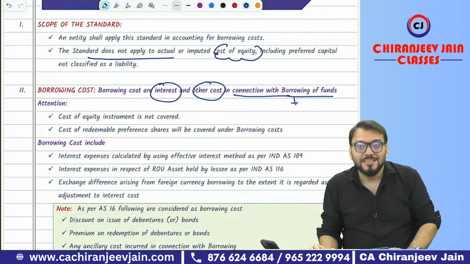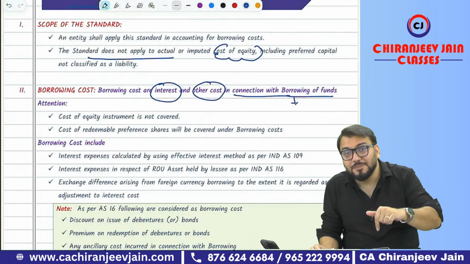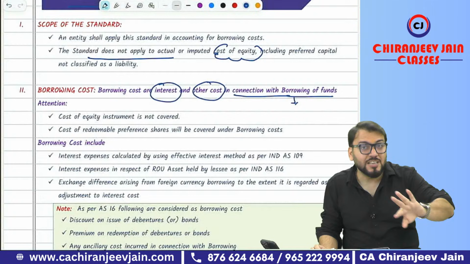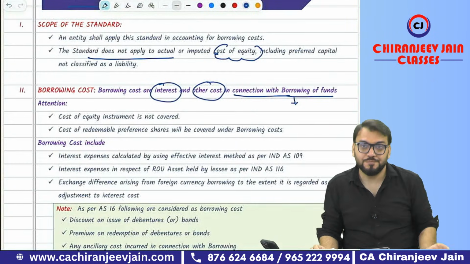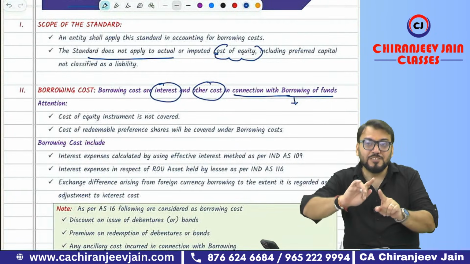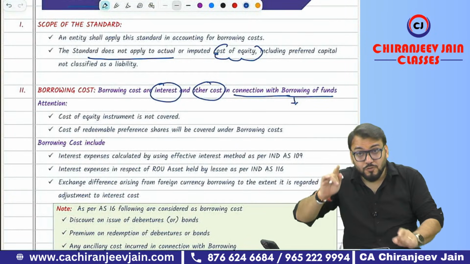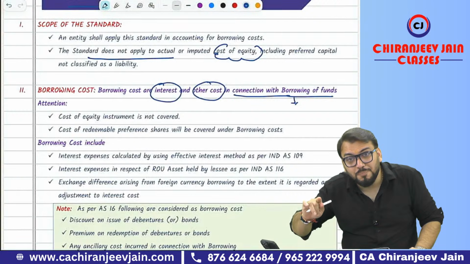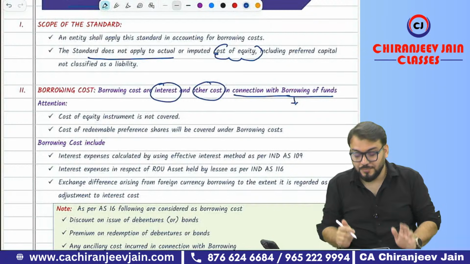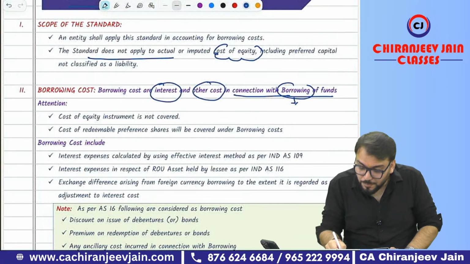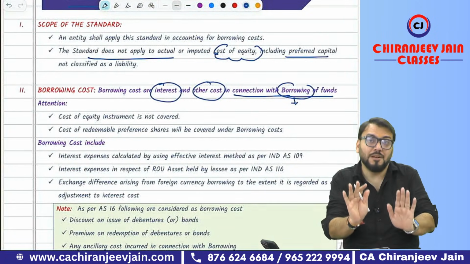However, if preference share capital has been classified as a financial liability, then the cost of preference share capital will be a borrowing cost. Any preference dividend for preference share capital classified as liability will be covered under this chapter.